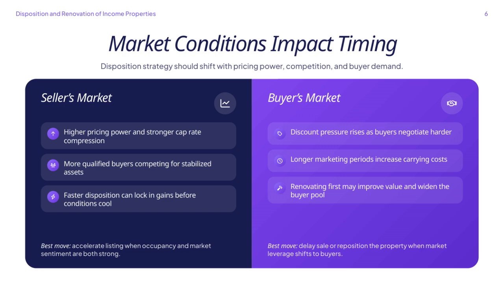Improving the property first can increase its value and attract a wider buyer pool, ultimately leading to a better sale. Overall, your disposition strategy needs to be flexible. It should adapt based on current pricing power, the level of competition, and buyer demand. Understanding whether the market favors sellers or buyers helps in making informed decisions about when to sell or hold and renovate.